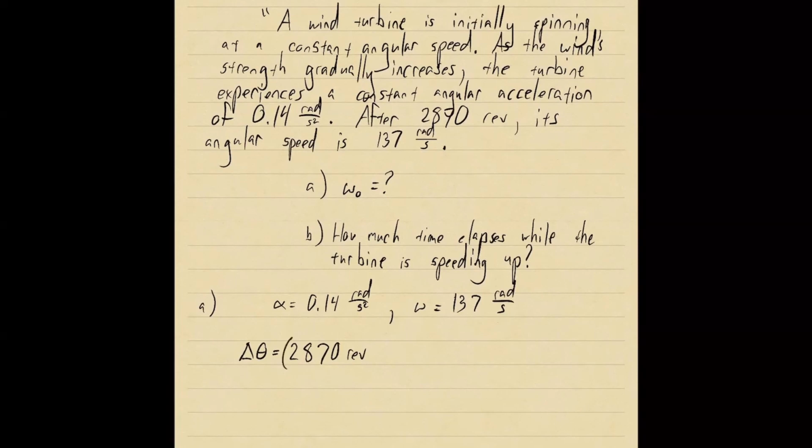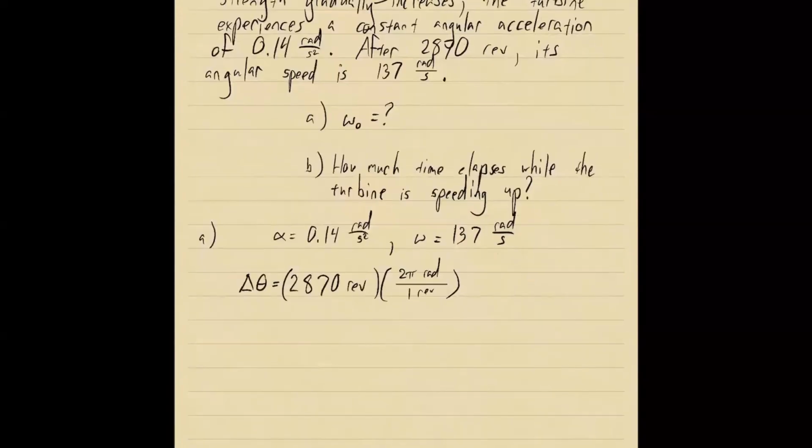So we know that there are 2 pi radians in 1 revolution. Right? So in this case, units of revolutions get canceled out, and we're just left with an answer in units of radians. So this is going to give us 18,032.7 radians of angular displacement.